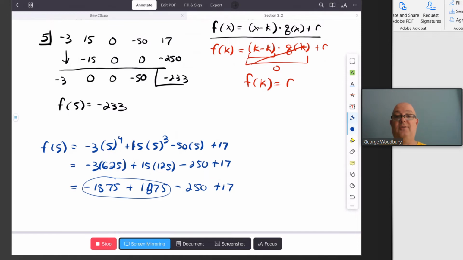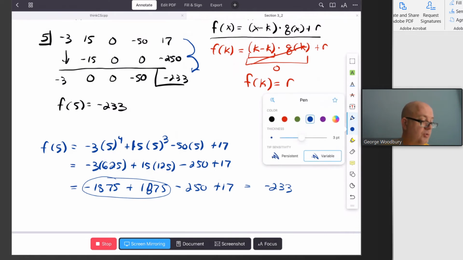Those two terms add to 0, leaving me with -250 plus 17, which I just figured out up here. So I do get -233, but the work seemed a little friendlier in the first one. So there's a plus to that. If you've already done the division, it's a faster way to evaluate a function than plugging it back in.